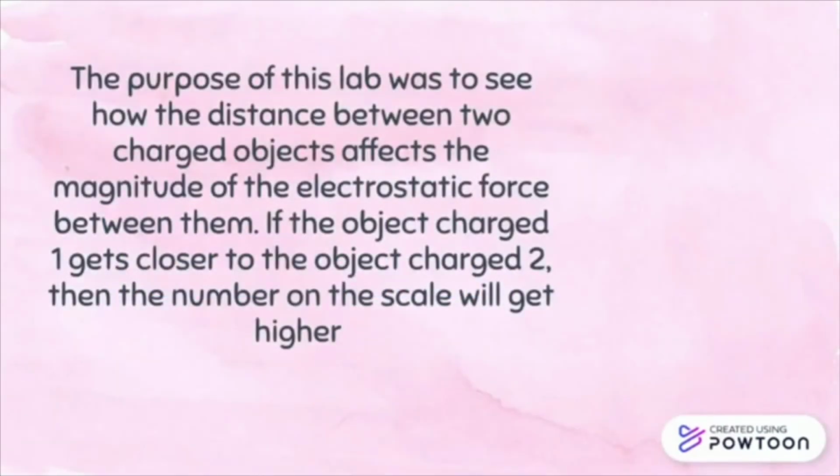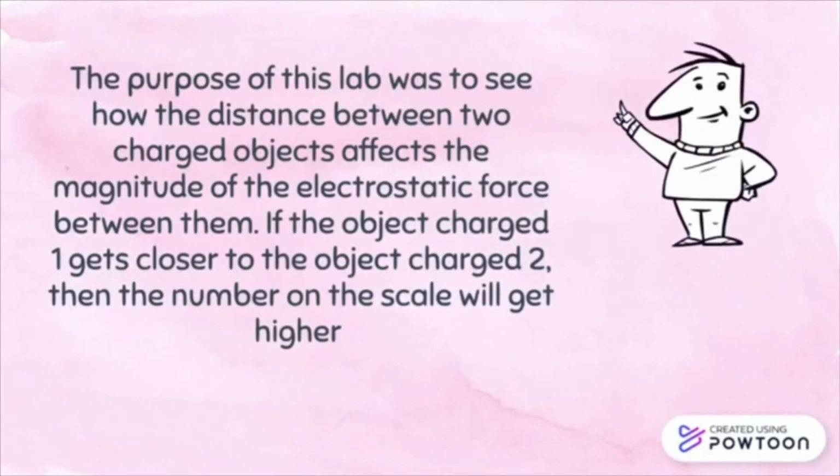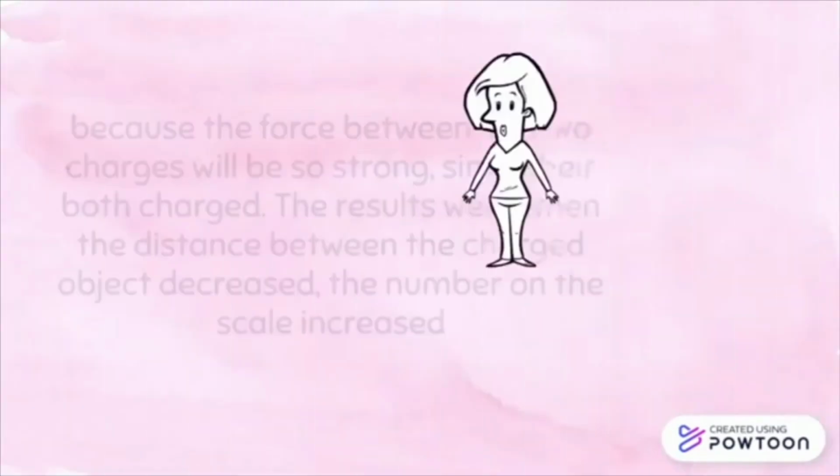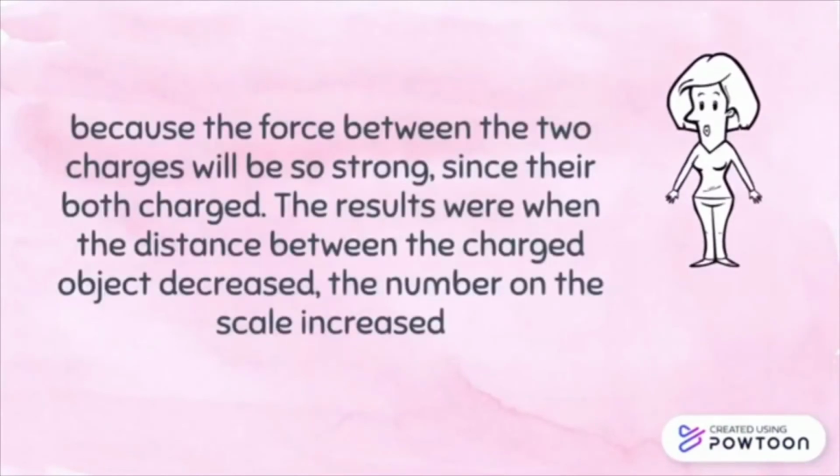The purpose of this lab was to see how the distance between two charged objects affects the magnitude of the electrostatic force between them. If the object charge 1 gets closer to the object charge 2, then the number on the scale will get higher. It is because the force between the two charges will be so strong since they are both charged.